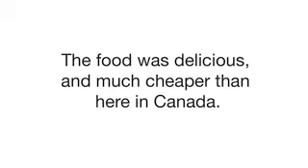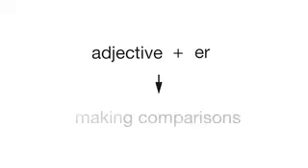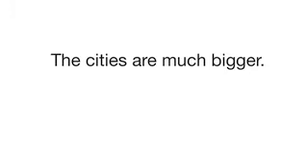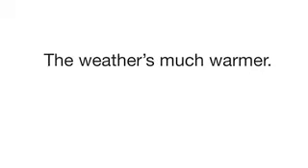Did you notice how Jim is using the word cheaper? He is making a comparison between food prices in China and Canada. You can add ER to some adjectives to compare 2 things, so cheap becomes cheaper. Jim made some more comparisons. The cities are much bigger. The weather's much warmer.